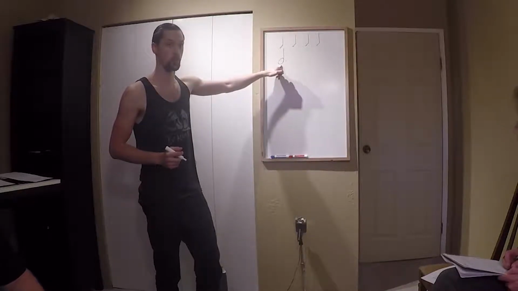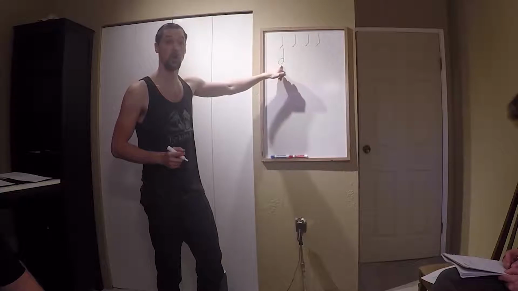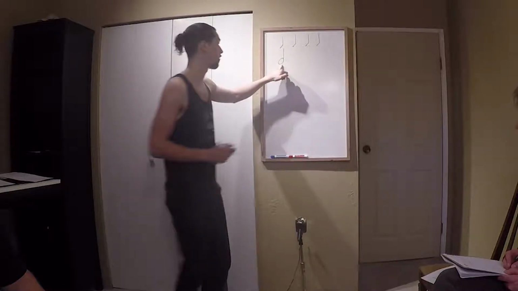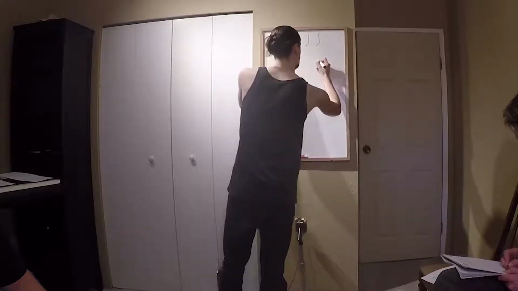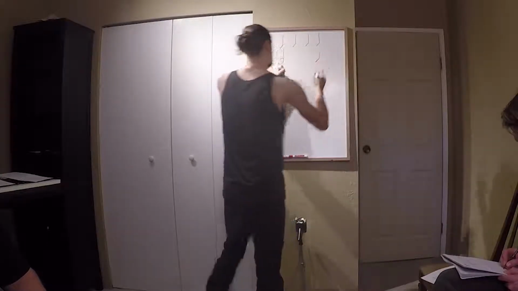So it's 2 quarters plus 1 quarter. So it's 3 quarters long, right? So if a dotted half note, then this will take up 1, 2, 3, and then we have a quarter note over here.